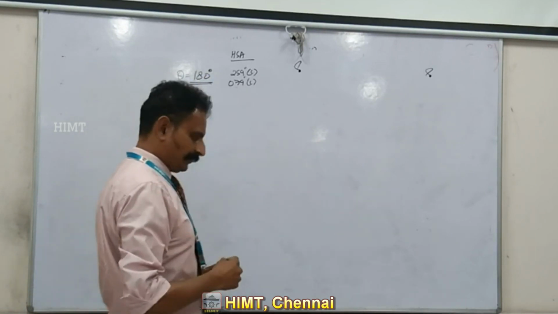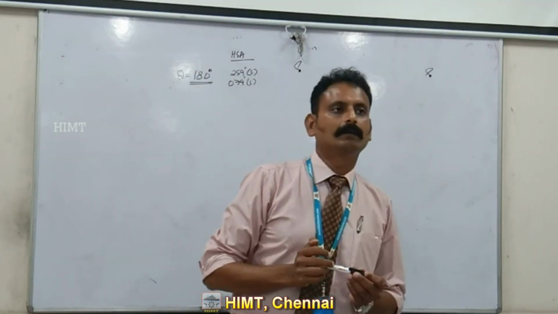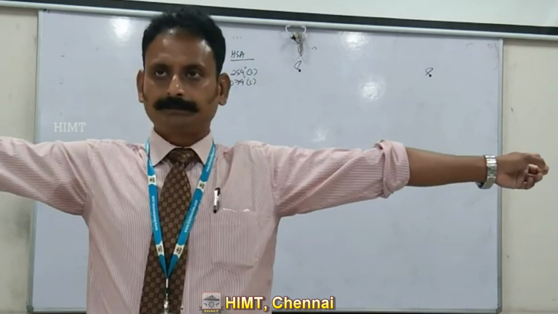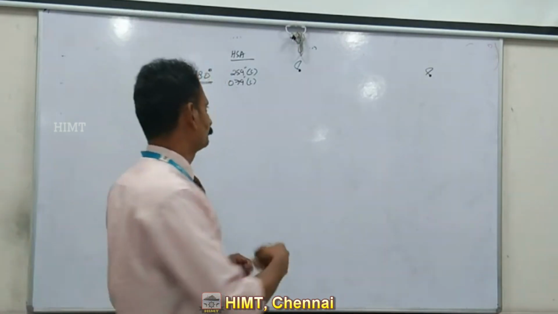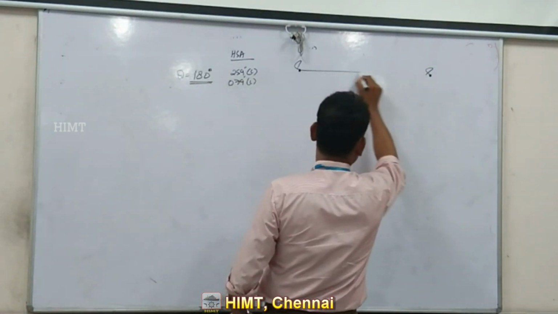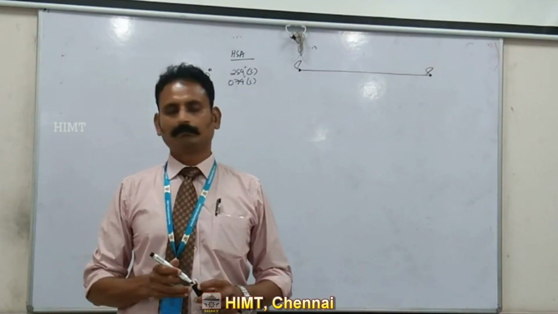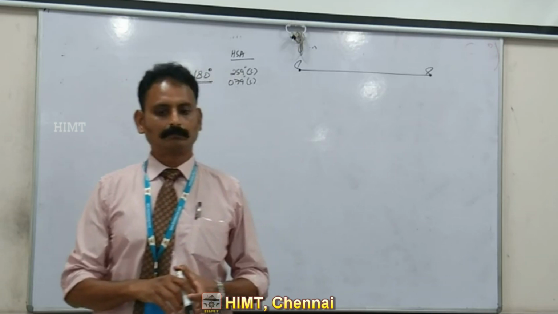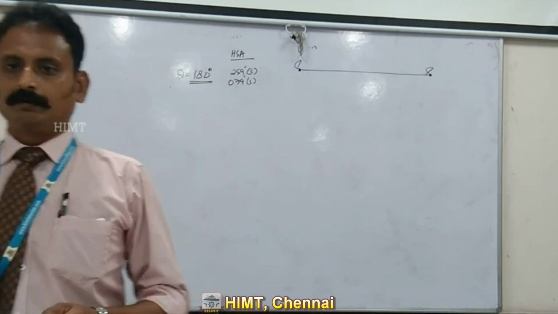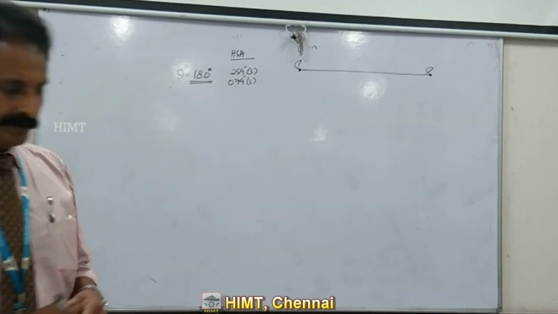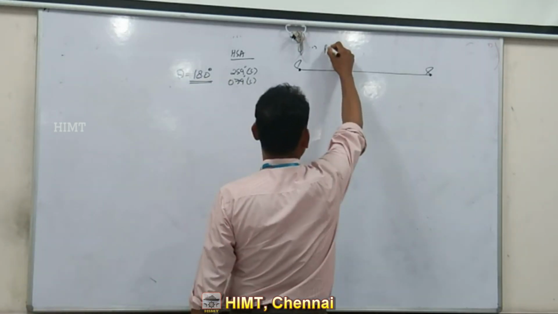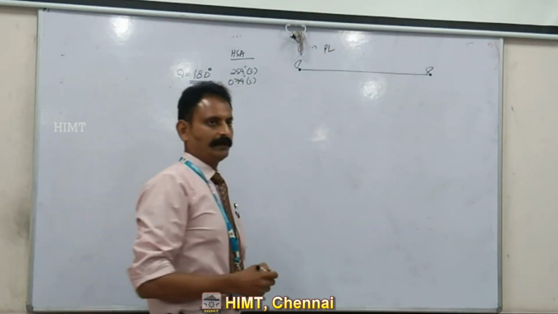If it is 180, what does it mean? It can be anywhere, I don't know. So my first 1900 is a position line. I don't know where I am.